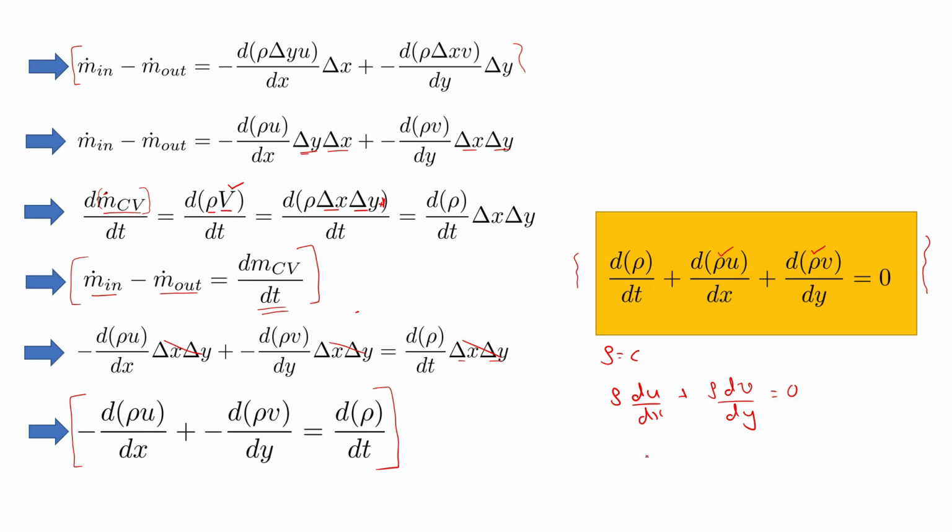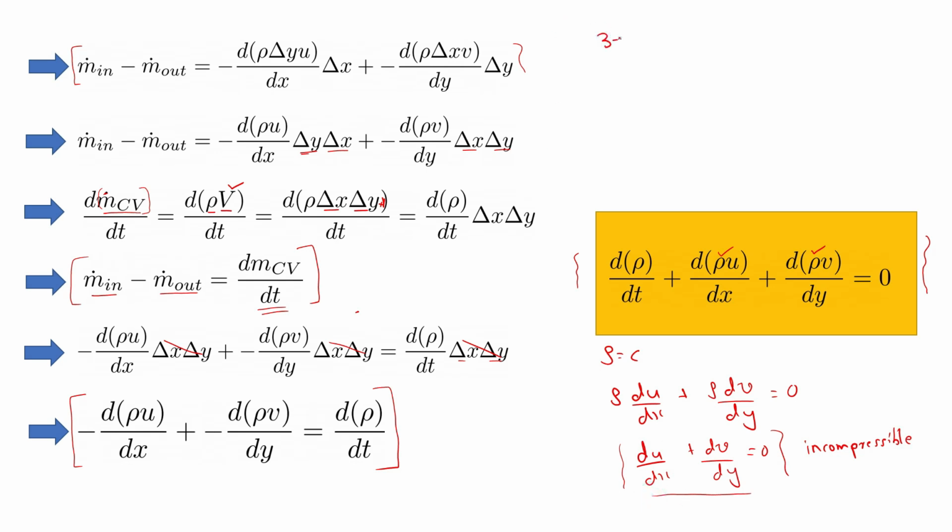So that means du by dx plus dv by dy is equal to 0. So this is the continuity equation for an incompressible fluid. If you are taking water, it is almost incompressible. You can apply this equation.